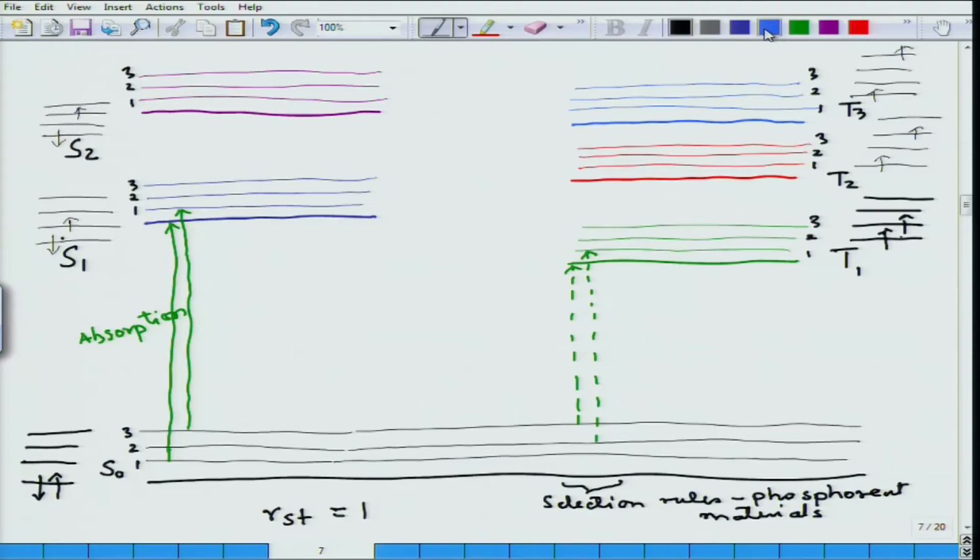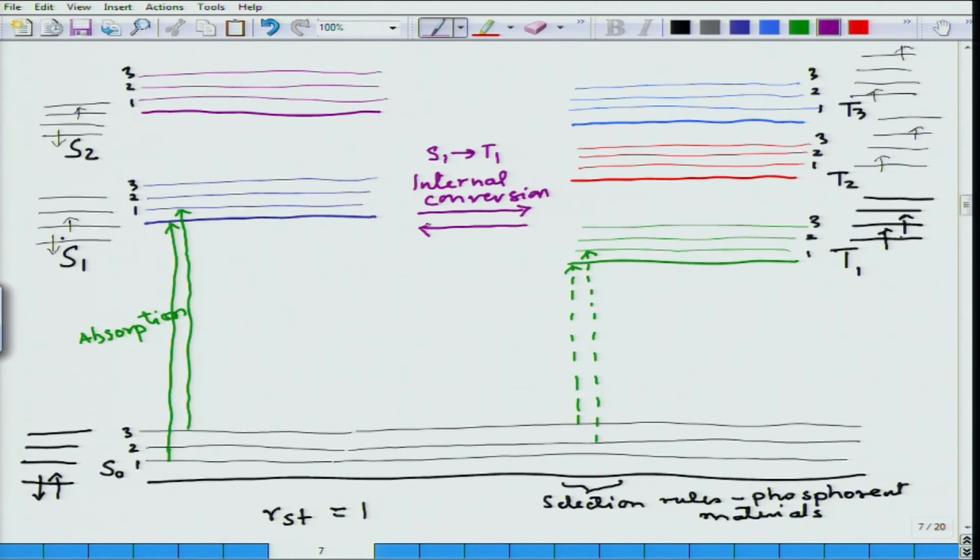So, once I have the molecules in the excited state, then it is possible for me to also have internal conversion, in which the S1 state, in this particular case, undergoes intersystem crossing to the T1 state, and vice versa is also possible.